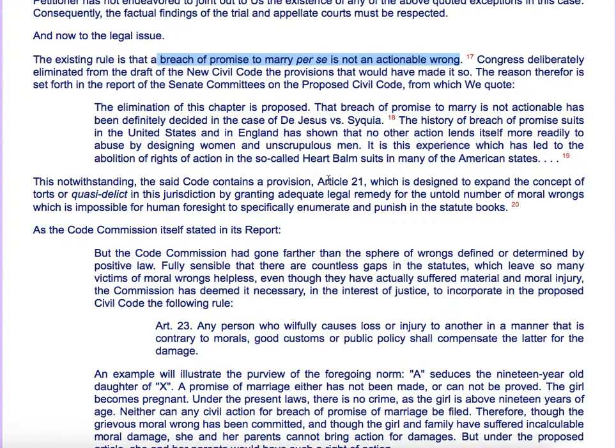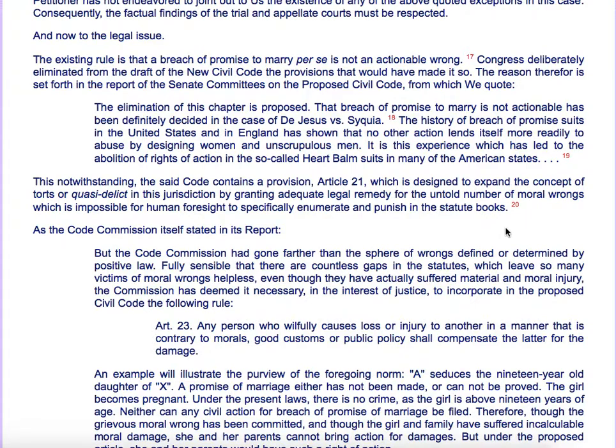because of Article 21 of the Civil Code. Okay, this is beyond our coverage na, but just read the Article 21. Because of the untold number of moral wrongs which is impossible for human foresight to specifically enumerate. Ang ibig sabihin nito, class, ang mga senador natin dati, when they were drafting the new civil code, di nila ina-enumerate na, okay, ganito, if you breach your promise, you're liable.